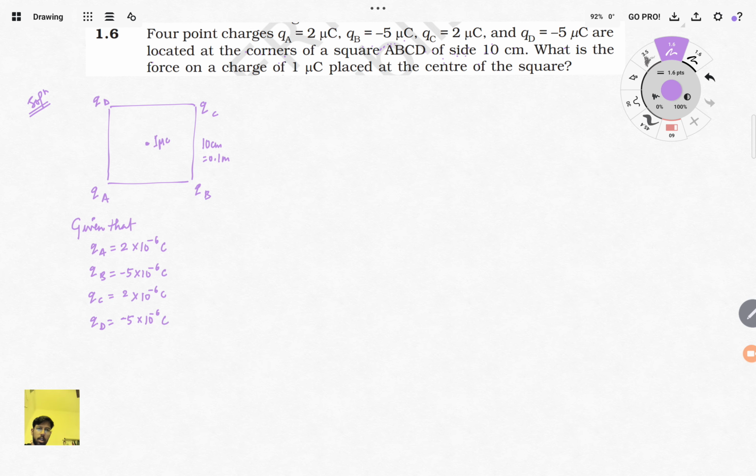So these are the things that are given. The side of the square, let's assume a, is 10 centimeter or 0.1 meter.